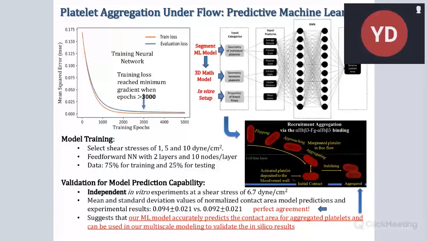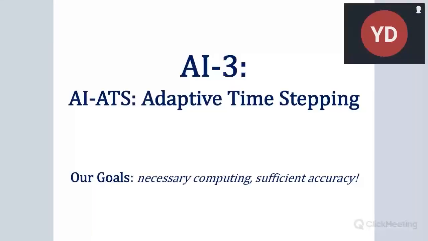Now the third one, I will finish in less than 2 minutes, is how to speed up the calculation. As you know, most of our calculations take weeks and months to get one data point in a physiological space.